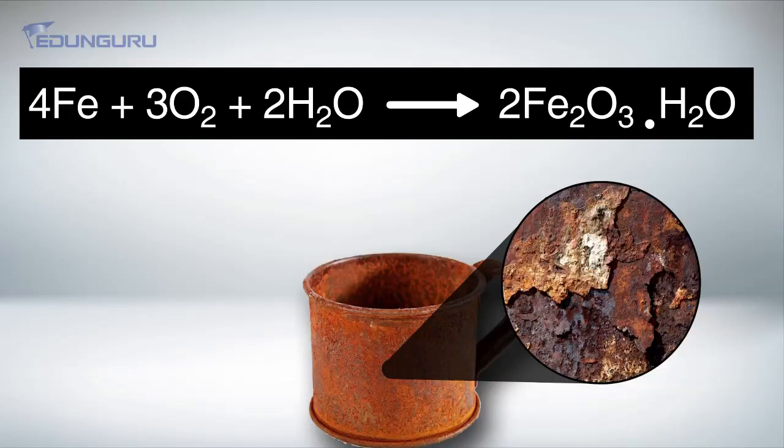When any iron material rusts, we see that it gets coated with an orange colored covering, orange brown colored covering. Now, this is a reaction which takes place with the iron, with the atmospheric oxygen and water vapor which is present in the atmosphere. The iron will react with it to form the orange colored rust.